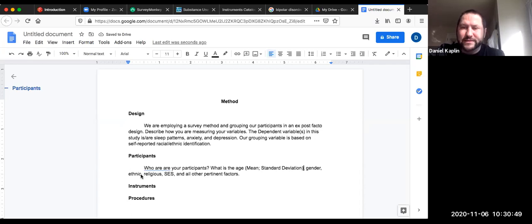For categories, where it's not a mean, you're going to report things like number or frequency and percent. What does that mean for ethnicity, religion, socioeconomic status? They're also categorical, right? So you're going to report frequency and percent. Any questions on our participants before I move to the next section?